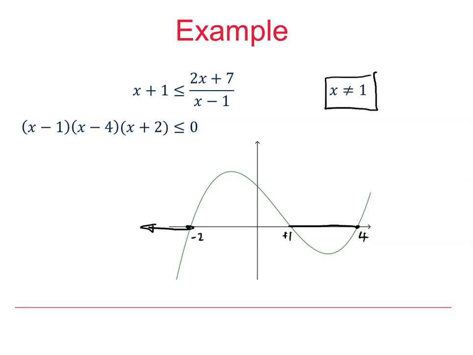So the solution is going to include -2, but when we look at the other side it's not including 1 but does include 4. So in set notation then we have the set of points x such that x is less than or equal to -2, union with the set of points x such that 1 is less than x is less than or equal to 4.